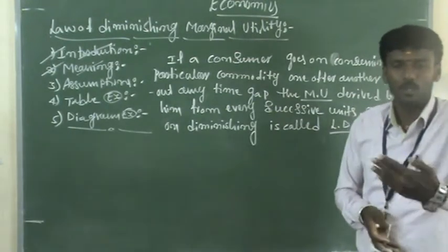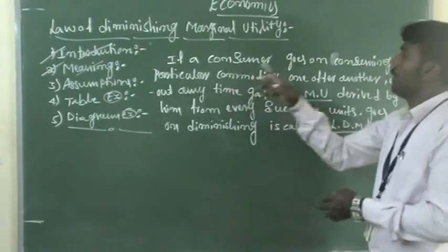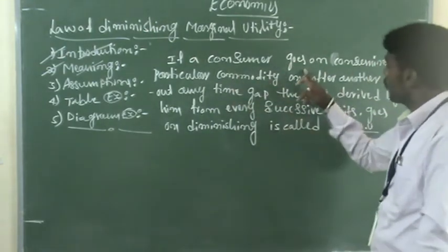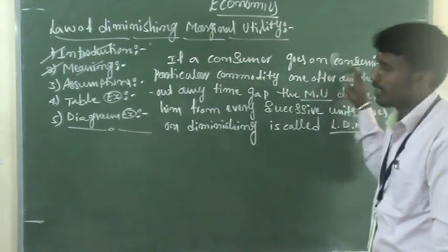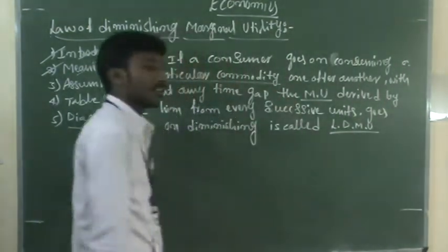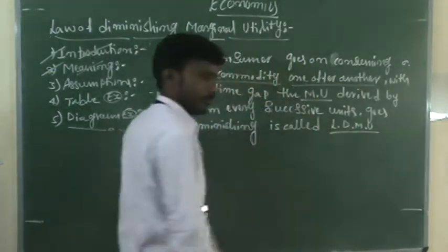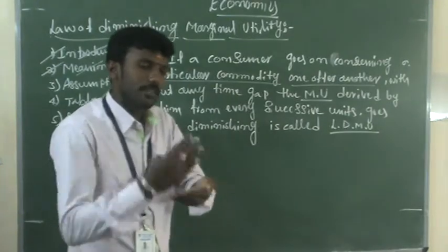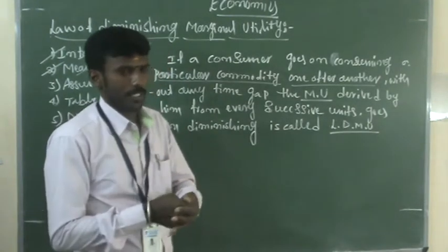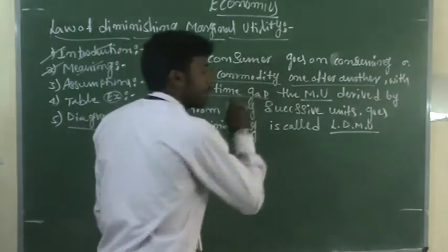It means one mango, one apple, one banana, one grape, not like that. A consumer goes on consuming continuously, only a particular commodity, one after another. One unit consumed, then one more unit, then after that, one more unit. It means without any time gap.